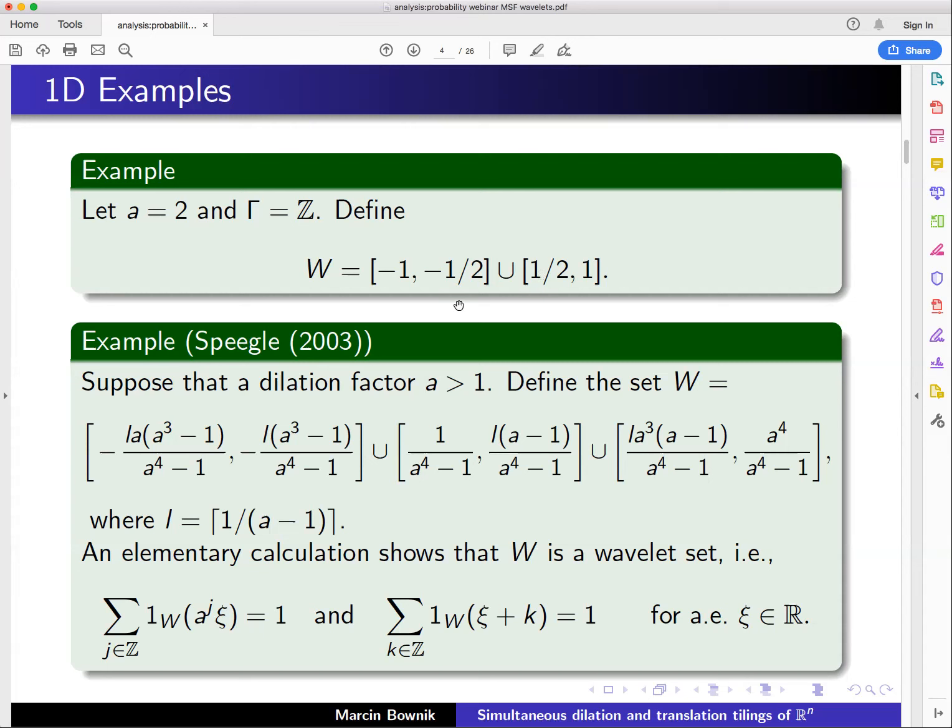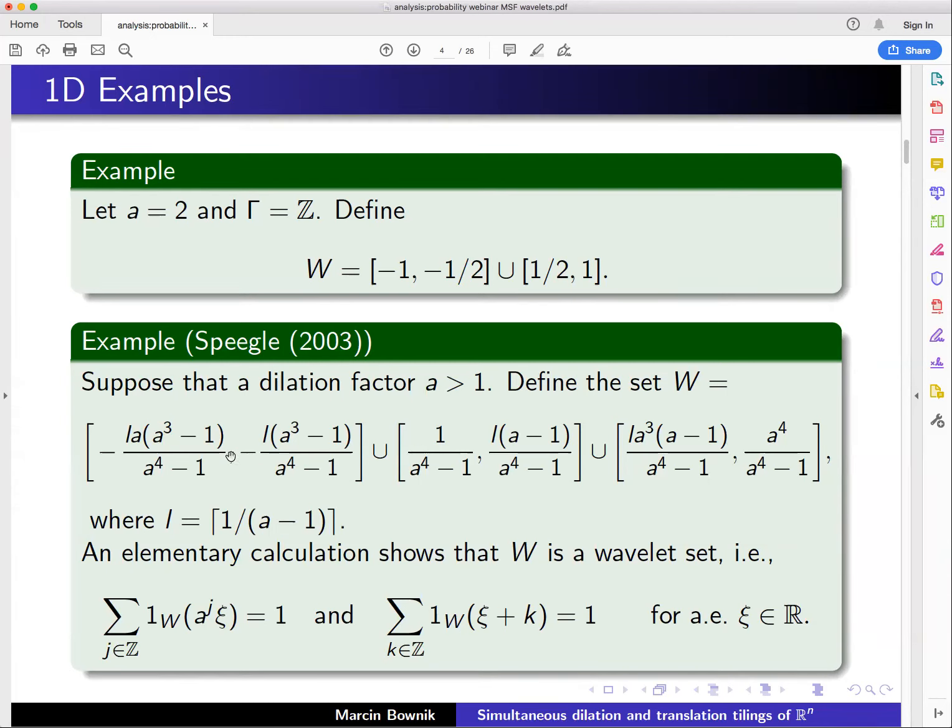If you want to see a more complicated example, you can change the dilation factor to an arbitrary number A bigger than 1 and take the union of 3 intervals. There is one interval to the left of 0 and 2 intervals to the right, because that's essentially the minimal number of intervals you need for general A. That L here is the ceiling of 1 over A minus 1.